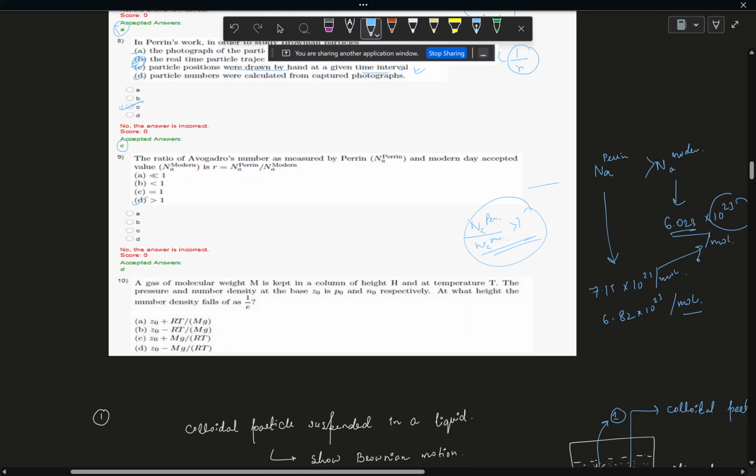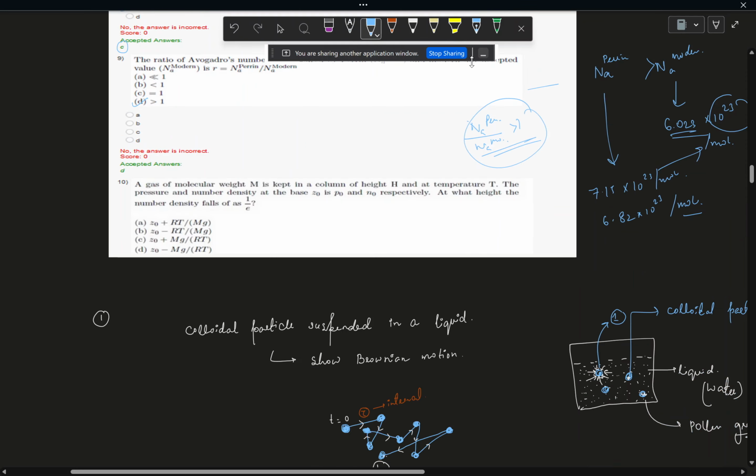Okay, so our question number 9 is done, and the last question we are left with is again a mathematical problem. It is saying that a gas of molecular weight capital M is kept in a column of height h and temperature T. The pressure and number density at the base level Z0 are P0 and N0 respectively. Then at what height does the number density fall off to 1 by E?